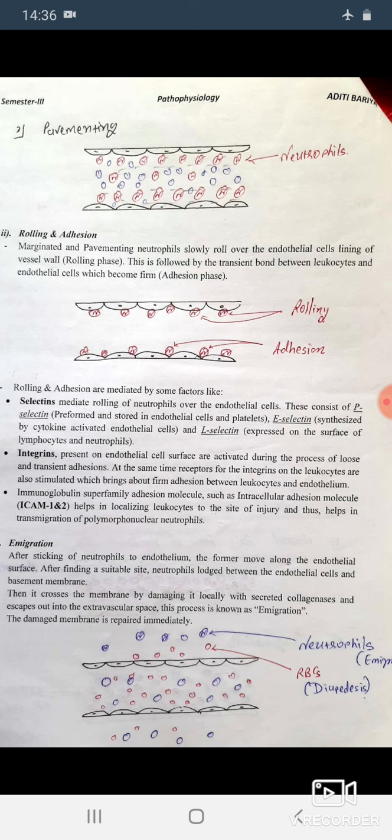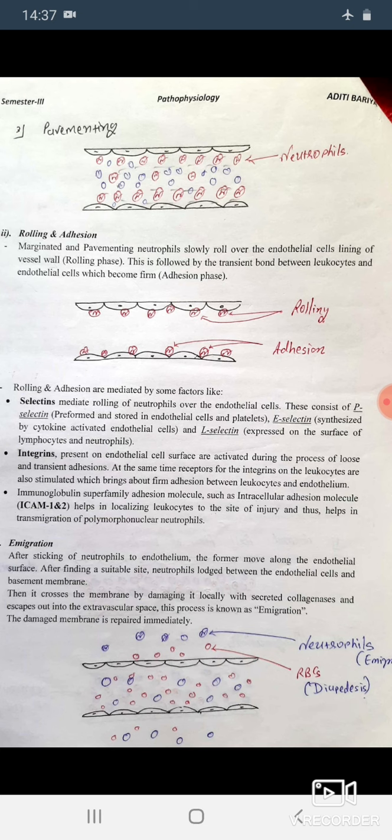Or you can say adhere, and that's why it is the adhesion phase. So in the second phase, the neutrophils which come nearer to the blood vessel wall roll over the endothelial cells, and at one time a bond is formed between the endothelial cell and neutrophils, which becomes firm, and this is called the adhesion phase. So rolling phase, adhesion phase.